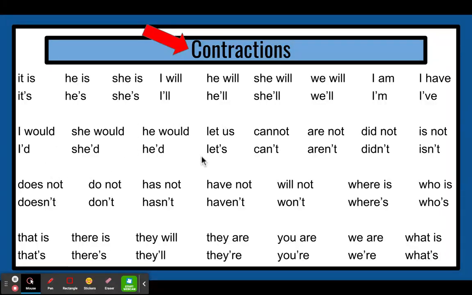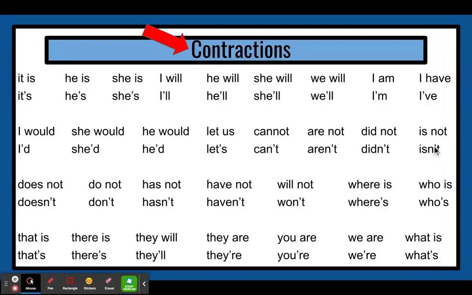Let us becomes let's. Like, let's go see a movie. Instead of let us go see a movie, let's go to the playground. Okay, and the apostrophe takes the place of the U. Cannot becomes can't. And you see this apostrophe takes the place of this N and the O that get dropped.